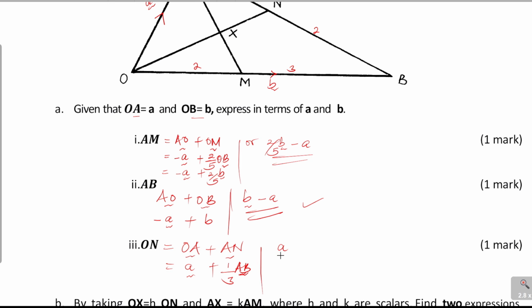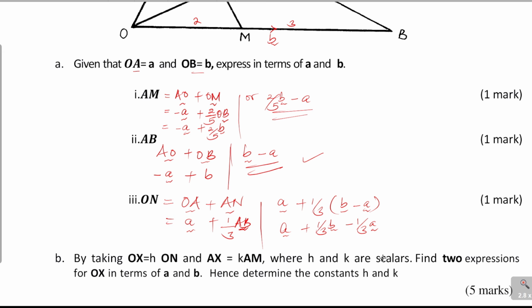So this will give A plus a third AB. We don't need to repeat; we have AB in the second part. In part 2, we calculated vector AB, so we just substitute it there. A third AB, which is B minus A, gives A plus a third B minus a third A. You can combine the like terms.